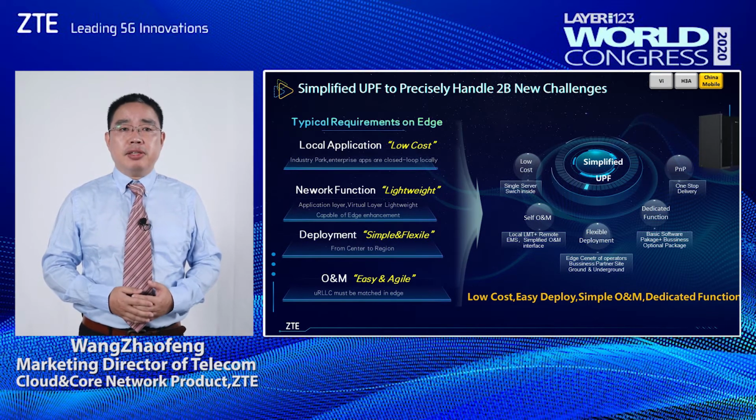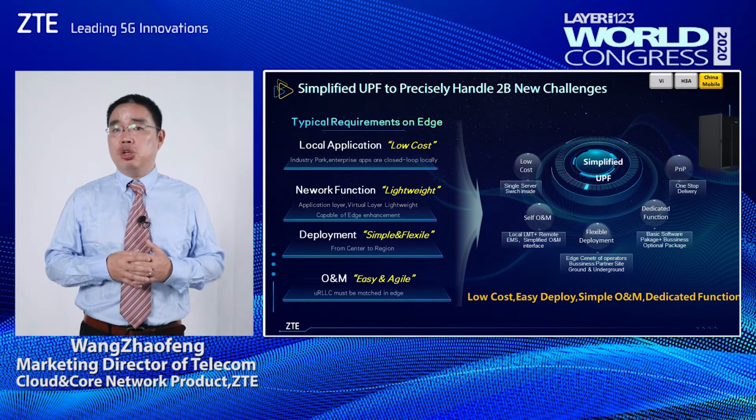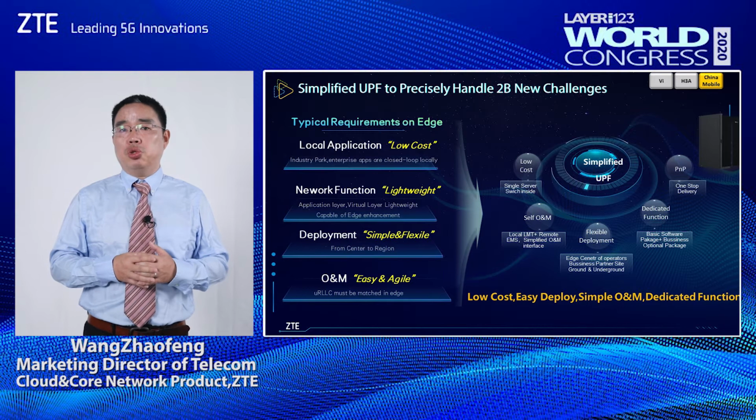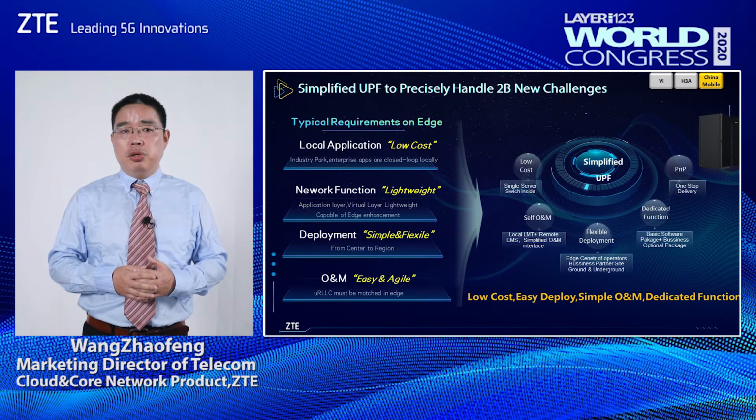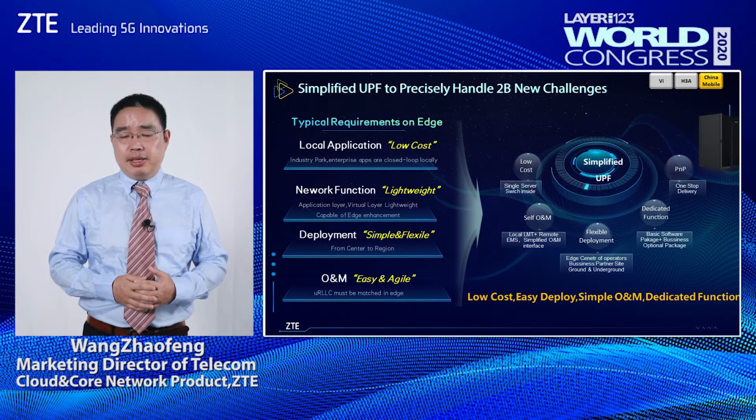To cater for this, ZTE has prepared a simplified user plane function solution for China Mobile's business networks to facilitate flexible deployment in edge sites.